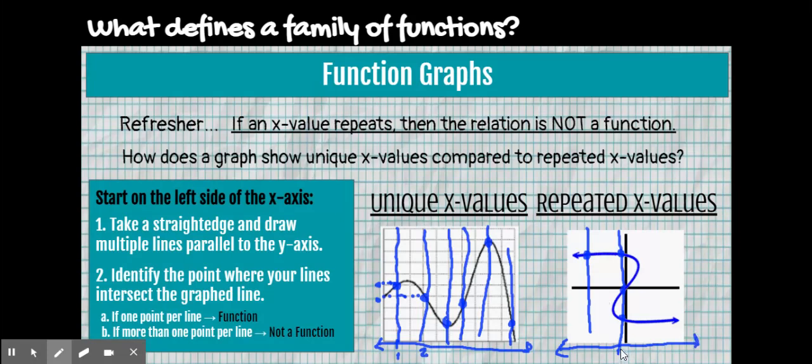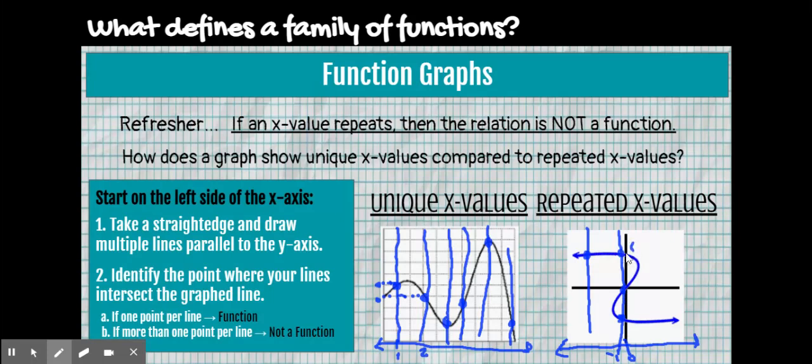Again, if this was the x-axis, and let's say that's 0, and this is -1. At -1, I have a -1, -4 ordered pair, a -1, -1 ordered pair, and a -1, +4 ordered pair.